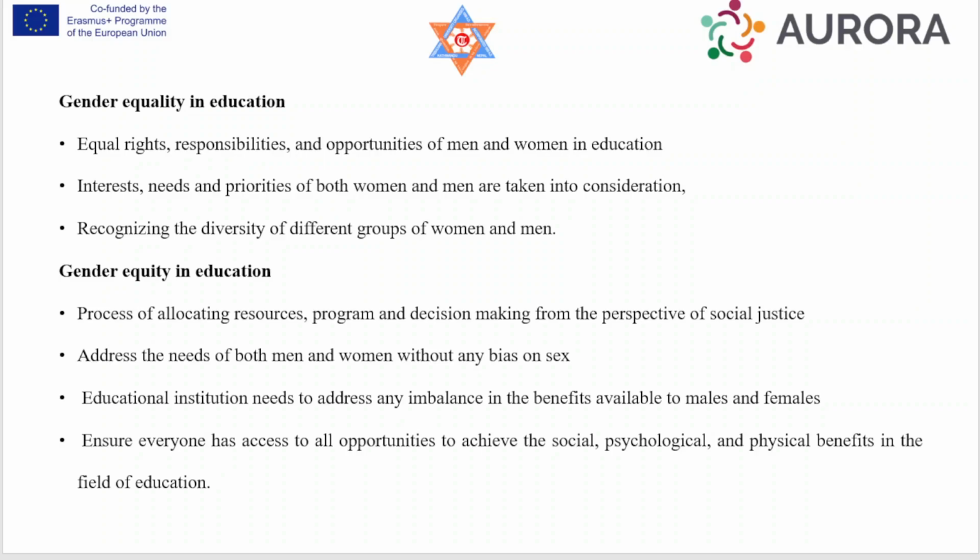By fostering an environment that recognizes and supports the equality of all individuals, we aim to create a more inclusive and balanced educational experience for everyone.